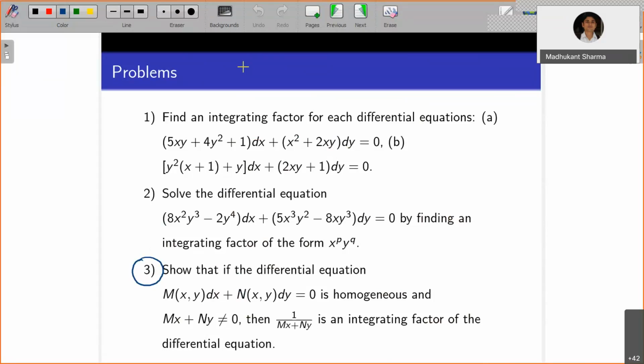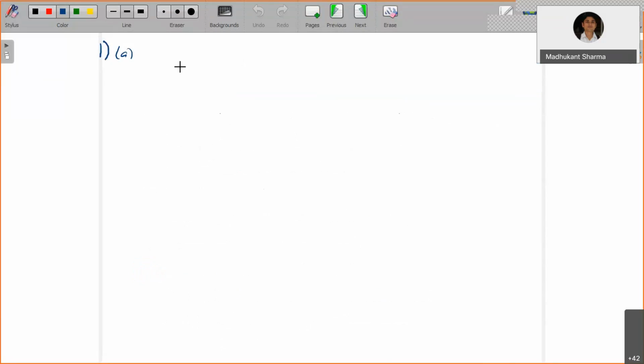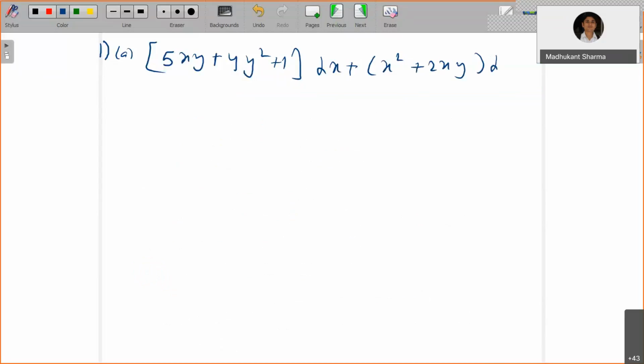Solution you may find. The equation is (5xy plus 4y square plus 1) dx plus (x square plus 2xy) dy equals 0. So this is your M, and this is your N. What is dou M by dou y?